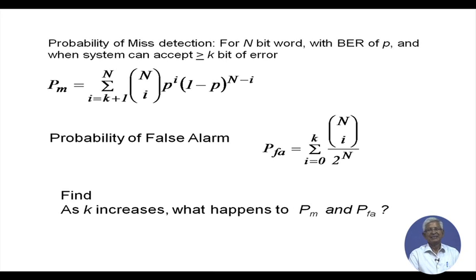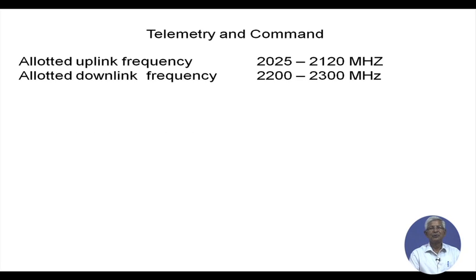Okay. Let us go into some of the more descriptive detail, that is the allotted frequency. The uplink frequency, which is for telecommand, is in S band, that is 2.025 gigahertz to 2.120 gigahertz. In terms of megahertz, it is 2025 to 2120 megahertz, and the downlink frequency, which is telemetry, is 2200 to 2300 megahertz.